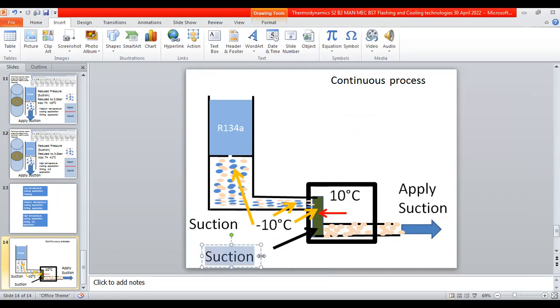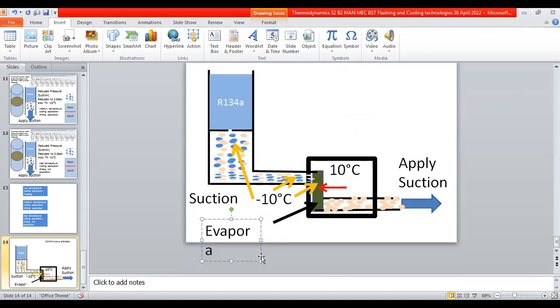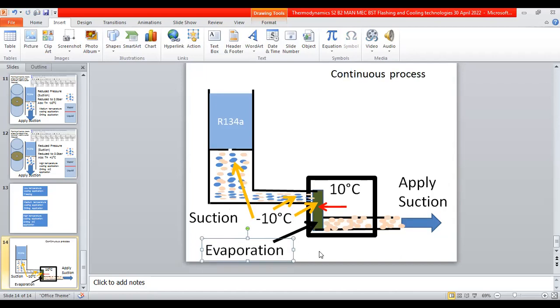Because the process it undergoes is evaporation. So evaporation process takes place.